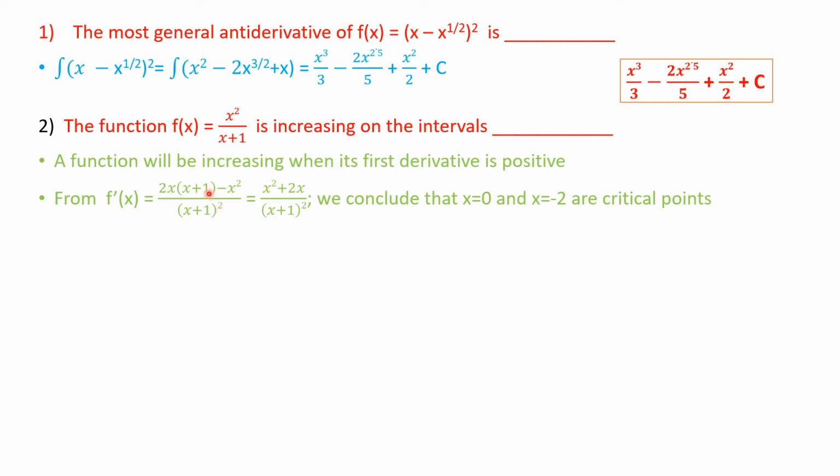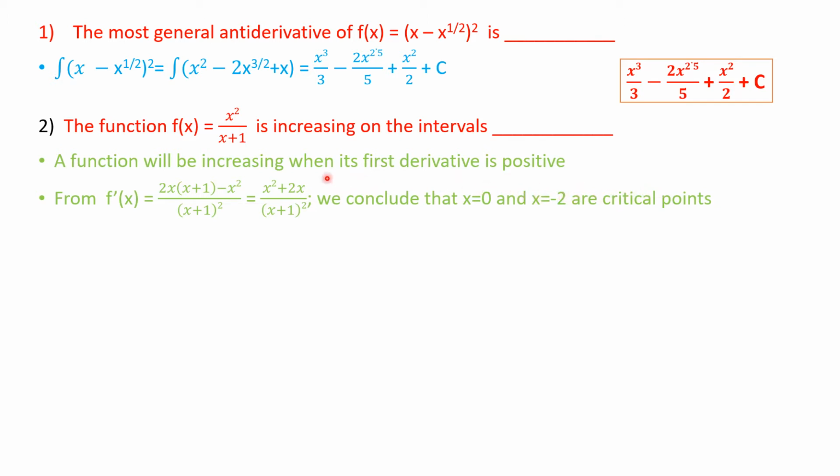If we do the math, this reduces to x squared plus 2x divided by (x plus 1) squared. We conclude that x equal to 0 and x equal to negative 2 are critical points, because these are the zeros of the function. If we solve this equation by saying x squared plus 2x equal to 0, we get x equal to 0 and x equal to negative 2, which are the critical points.